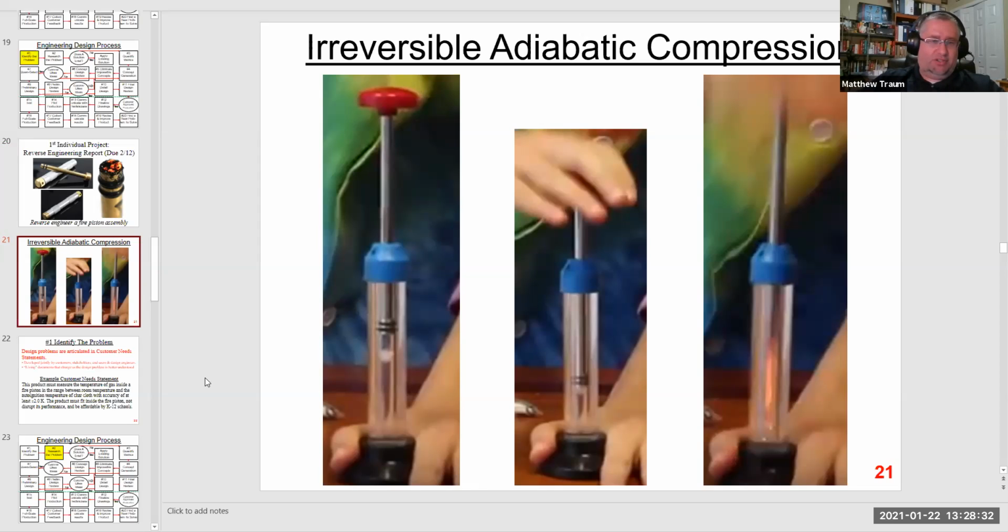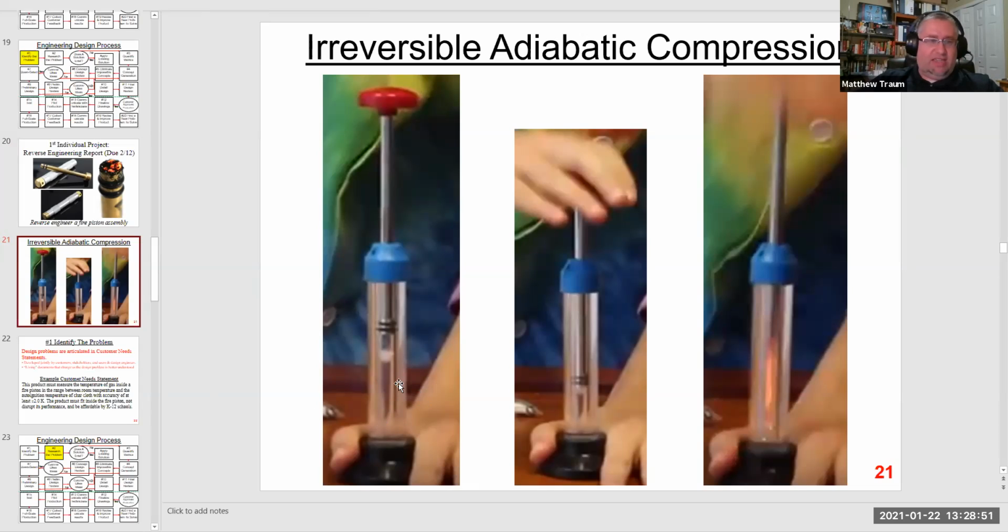And one of the things that I was trying to make was a flame tube that could be instrumented with a temperature sensor that would tell you the temperature as a function of time, or the temperature as a function of pressure inside one of these transparent flame tubes.